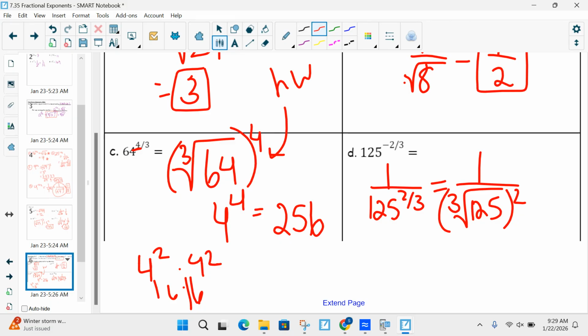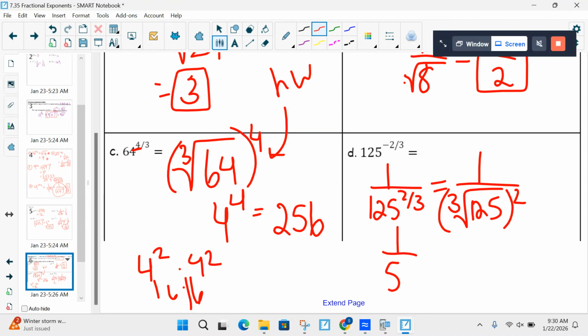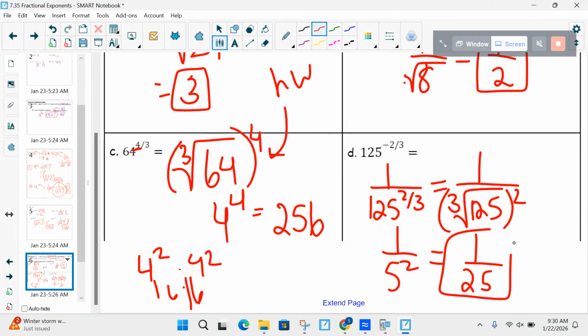All right, the cube root of 125 is 5. So then you have 1 over 5 squared, which is 1 over 25. And then you can do the Try questions.